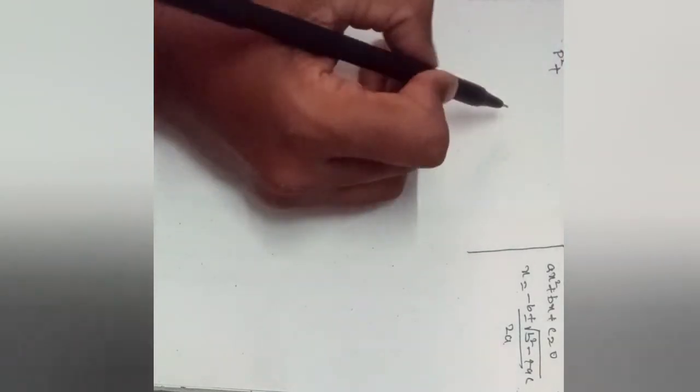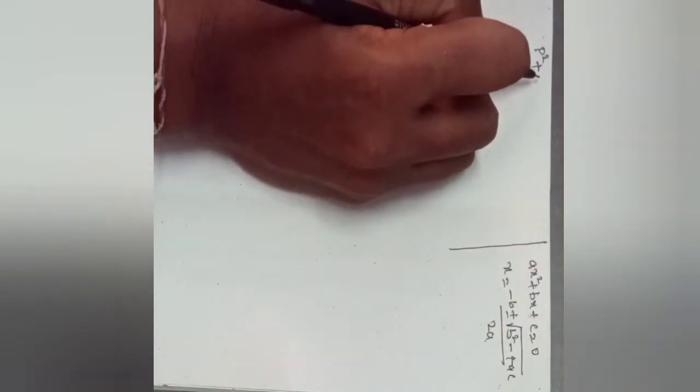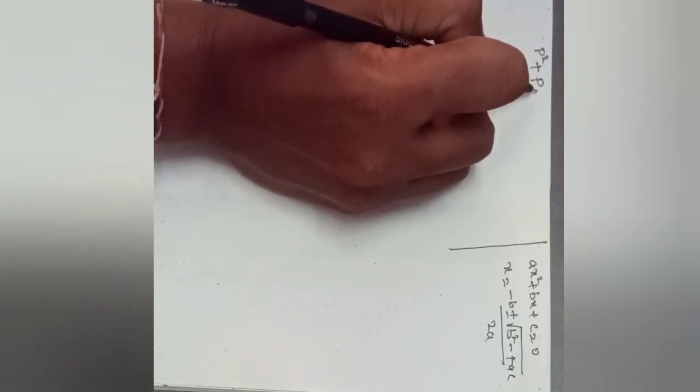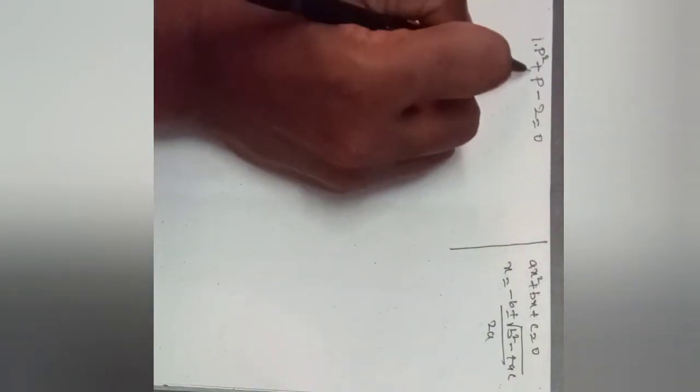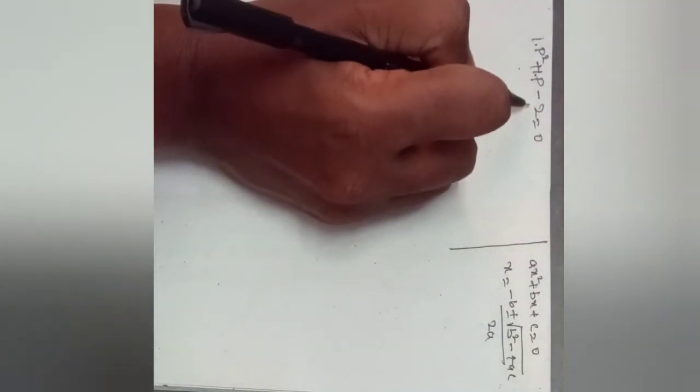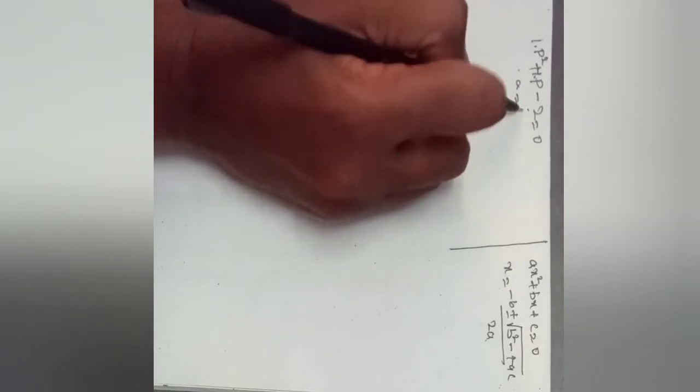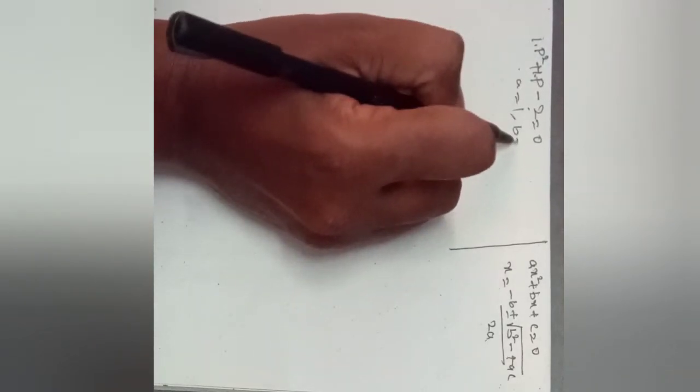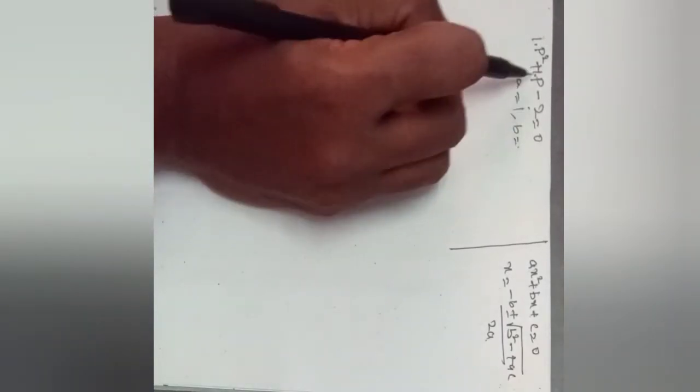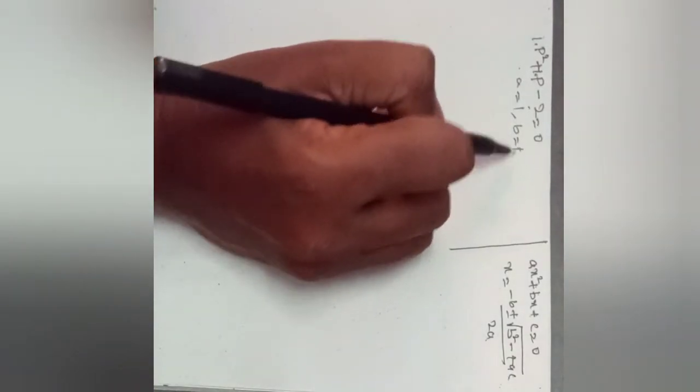This equation is in terms of p here. I'll just write it down once again: p square plus p minus 2 is equal to 0. Here a is equal to 1, b is equal to 1, and c is equal to minus 2.